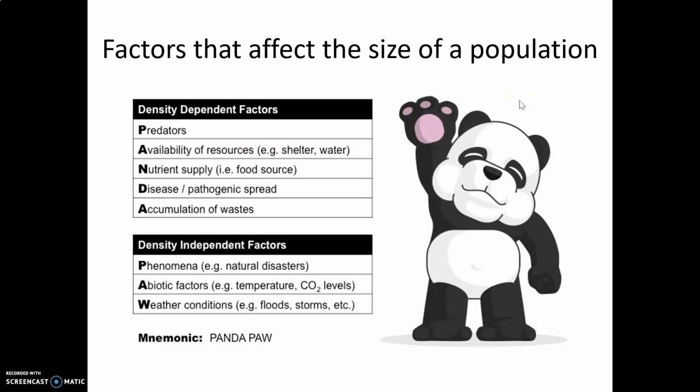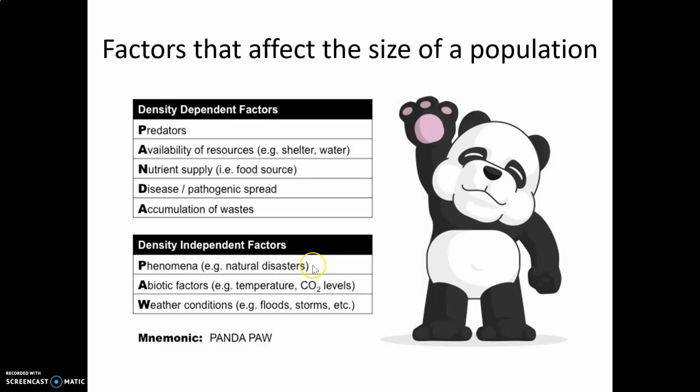Yeah, so that was just a quick brush up. And then this is a mnemonic found on BioNinja, because we talked a little bit about this yesterday, that there are some factors that are density dependent and others that are density independent. There was just one question in the worksheet yesterday about this, that some factors would affect population size even whether the population is very large or very small, right?